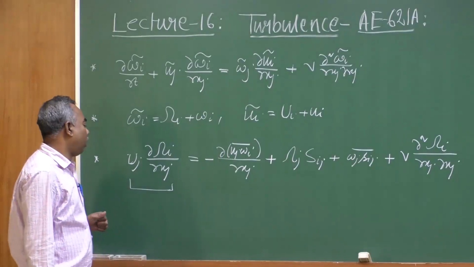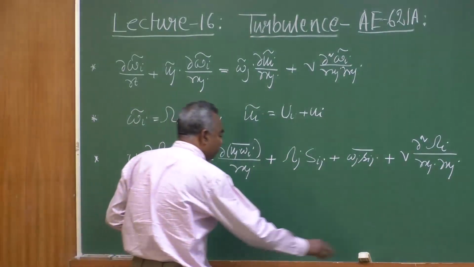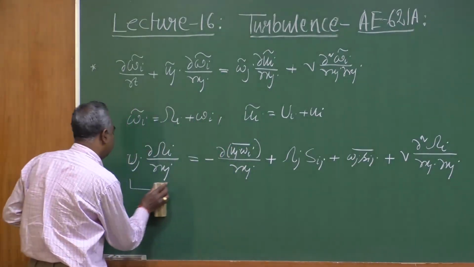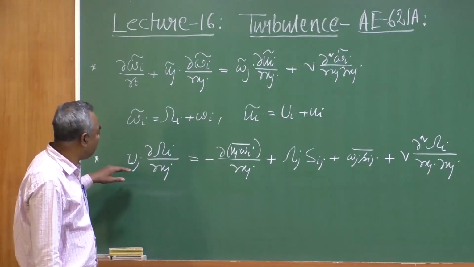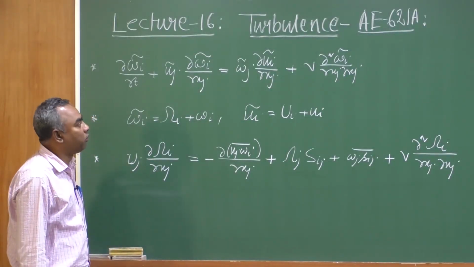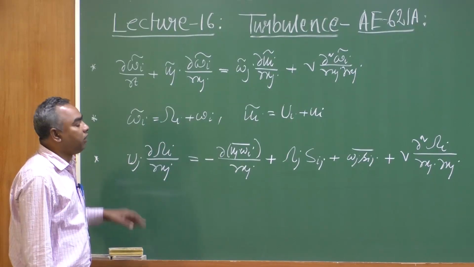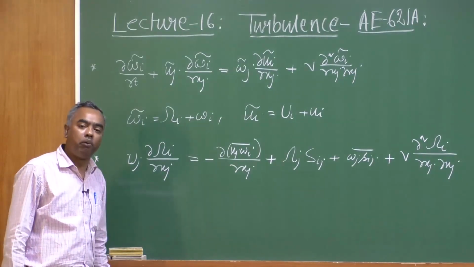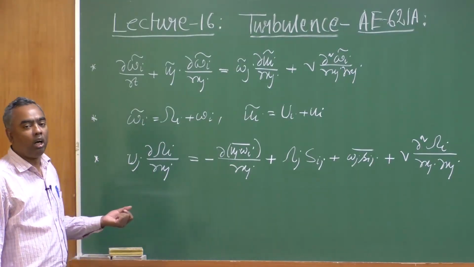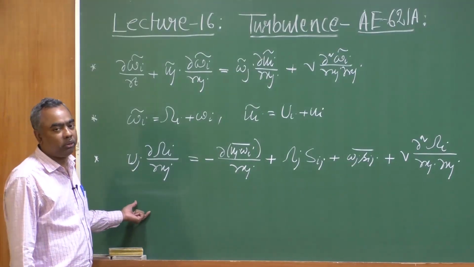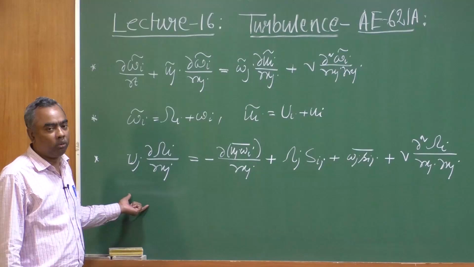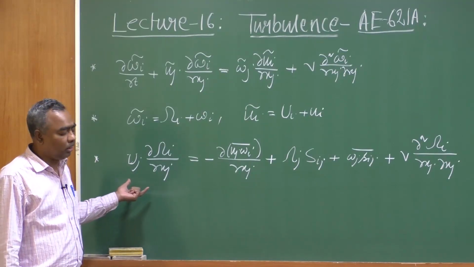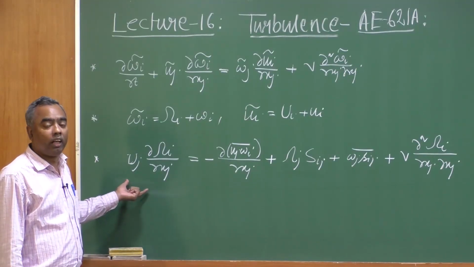Now, today we are going to proceed with this equation onward. We would like to find out the enstrophy equation, the way we found the mean kinetic energy equation from the averaged Navier-Stokes, the RANS equation.